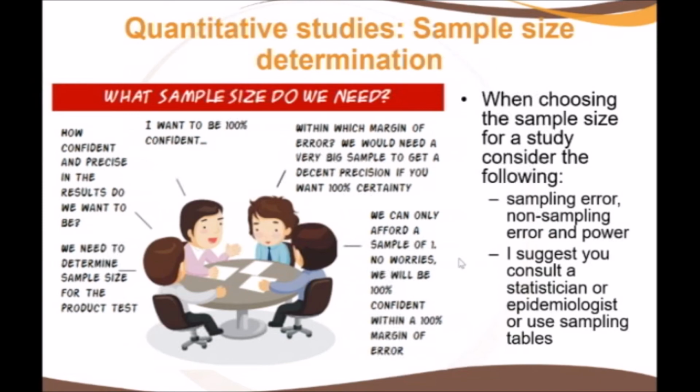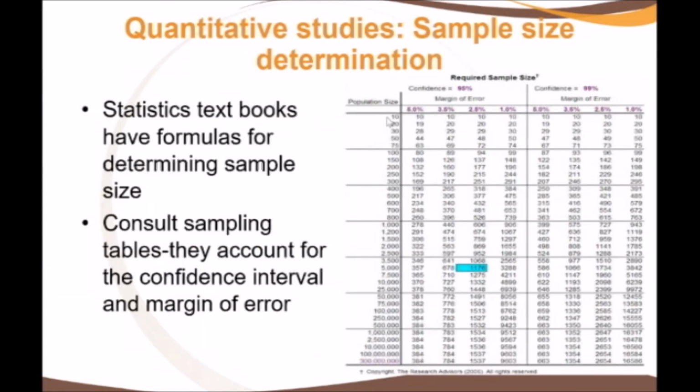I said you can use statistical tables. This is an example of a statistical table or sampling table. These tables have worked the sampling error and the margin of error and the confidence into them. If you see, I don't know if you can see the blue one. This person wanted a sample.